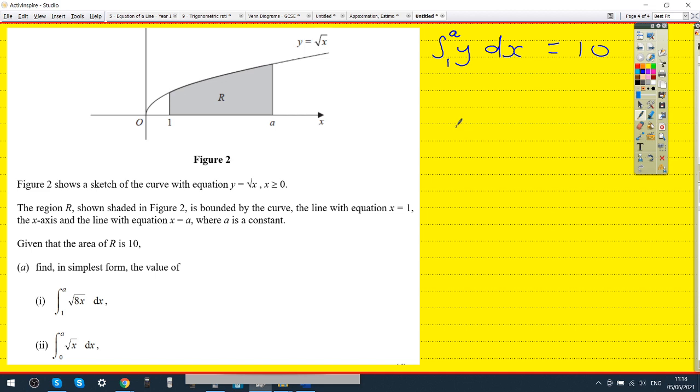Okay. So make root 8x. Hold on. This is the equation of the graph, y equals root x. And the integral over there says 8x. Don't worry about that integral. What is A?